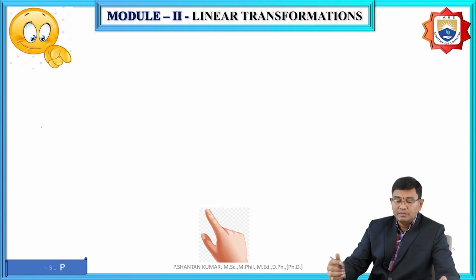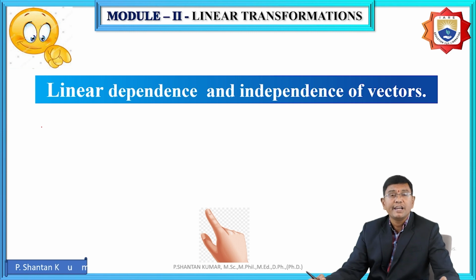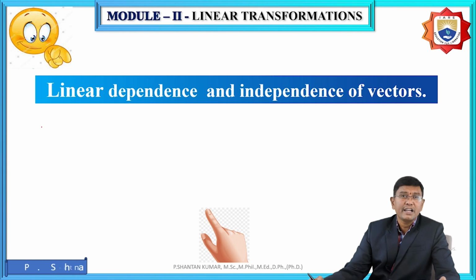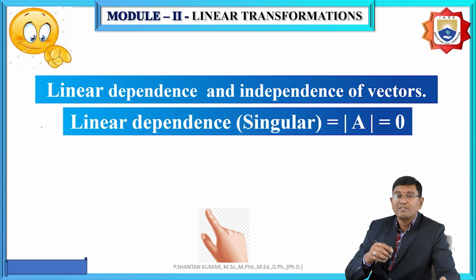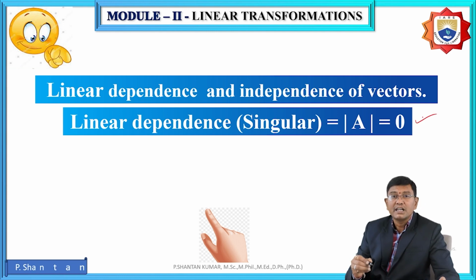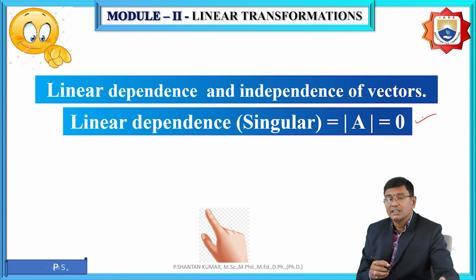Here the first one: what is the meaning of linear dependence and linear independence? That means how to identify linearly dependent and linearly independent matrices or vectors. According to the definition of linear dependence, whenever we find the determinant, if the determinant is equal to 0, that is called linearly dependent, and in other terminology, it is a singular matrix or singular vectors.